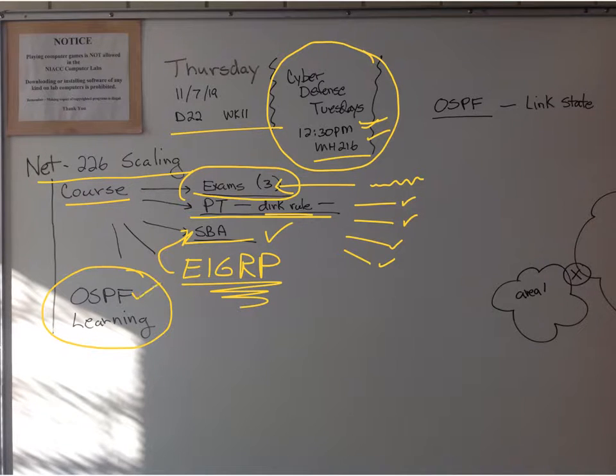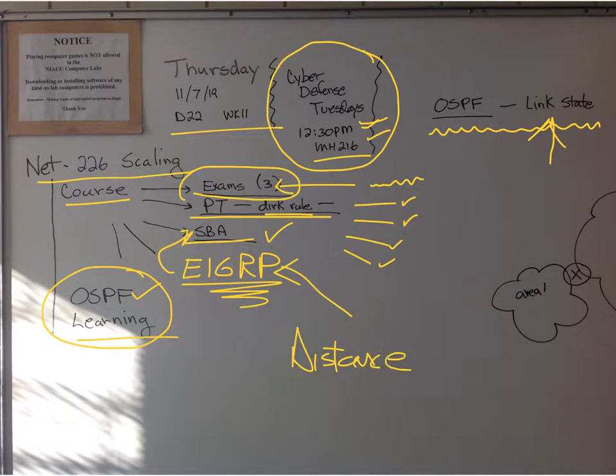And then we covered a little bit about OSPF and a little more about learning. So, OSPF is link state, which distinguishes it from EIGRP, which is distance vector. Right?